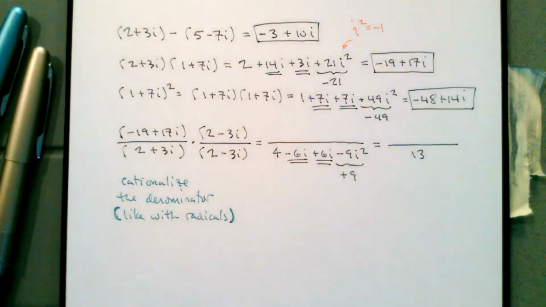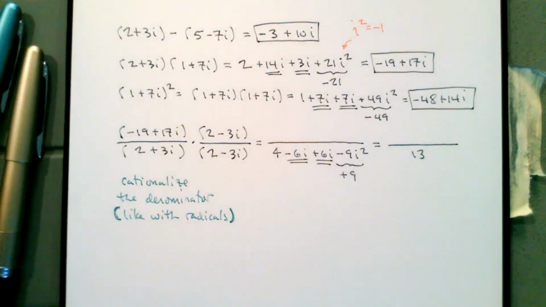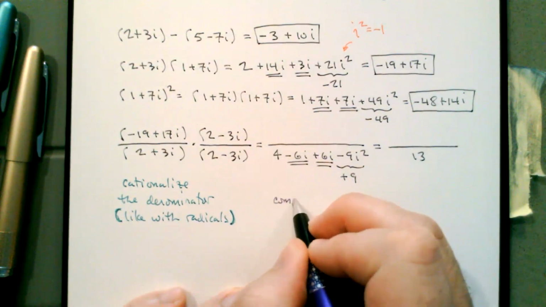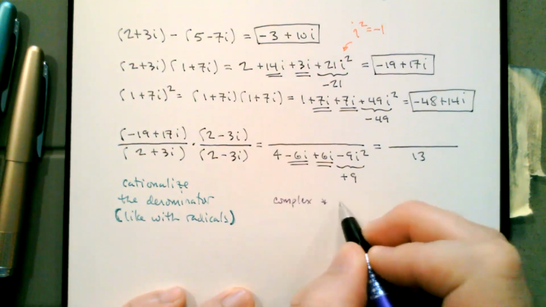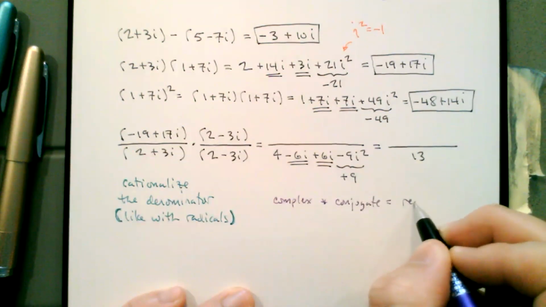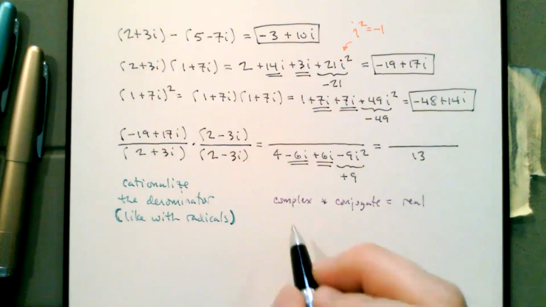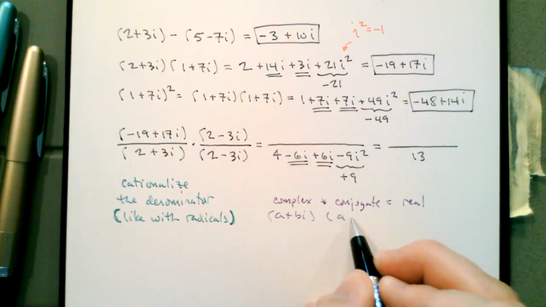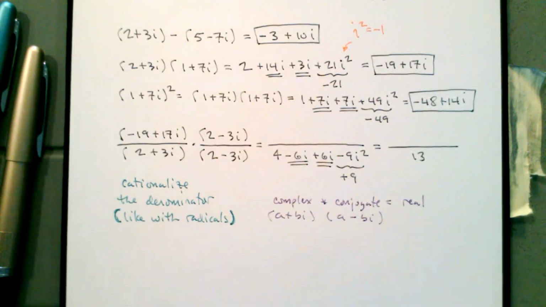Multiplying a complex number by its conjugate results in a real number. So you multiply a complex by a conjugate, you get a real number. So an a plus bi times a minus bi. You just make the imaginary part the opposite.